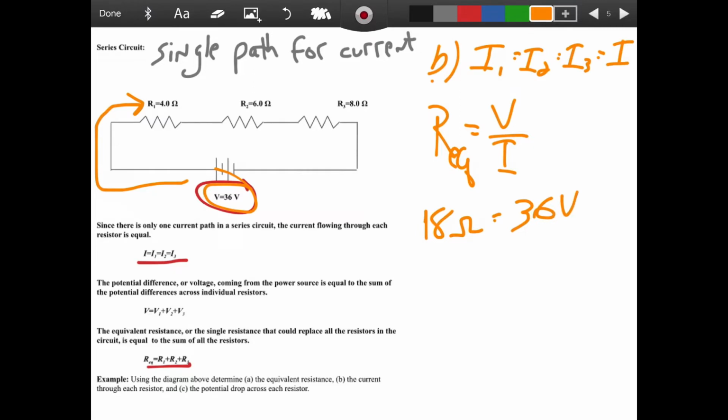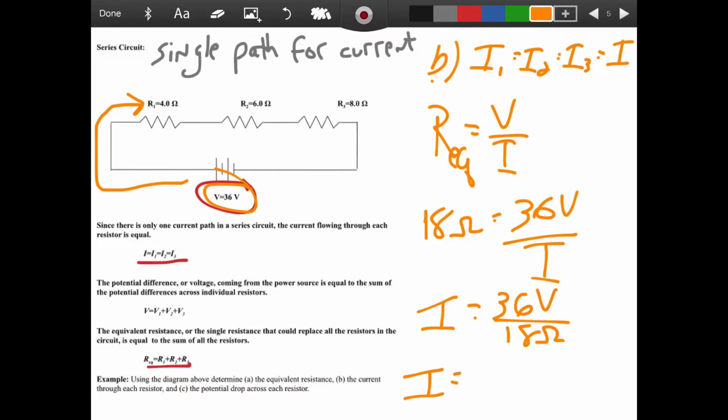You'll see some different vocab. And now we're solving for current. Rearrange, cross multiply, and we get 36 volts over 18 ohms. Do some division, and we should get that the current through this circuit is 2 amps.